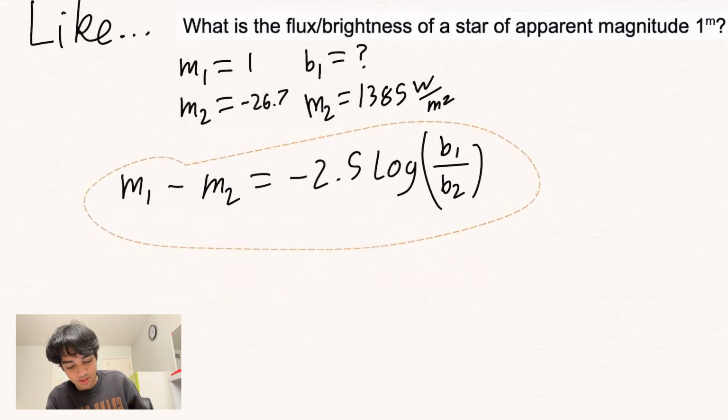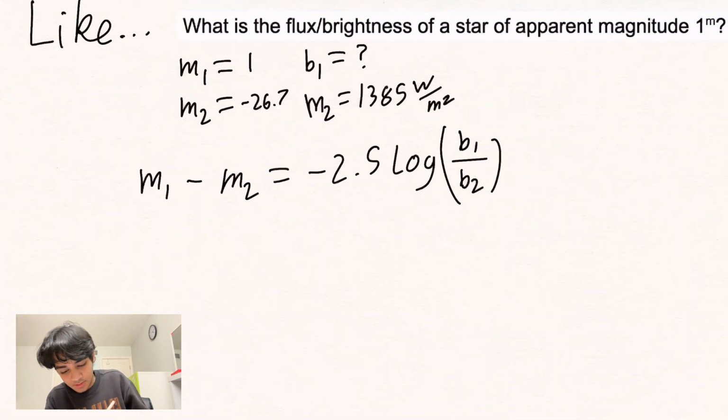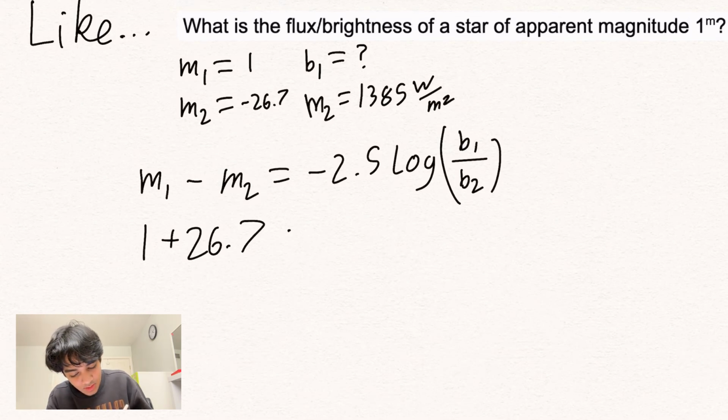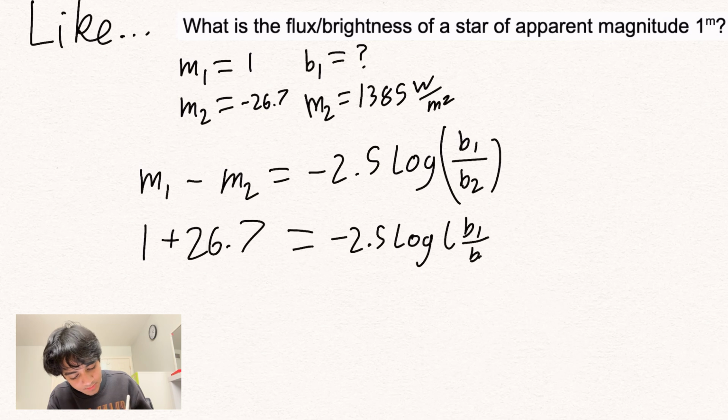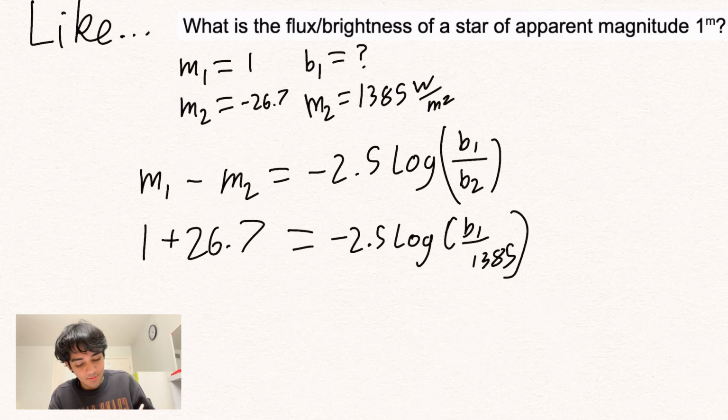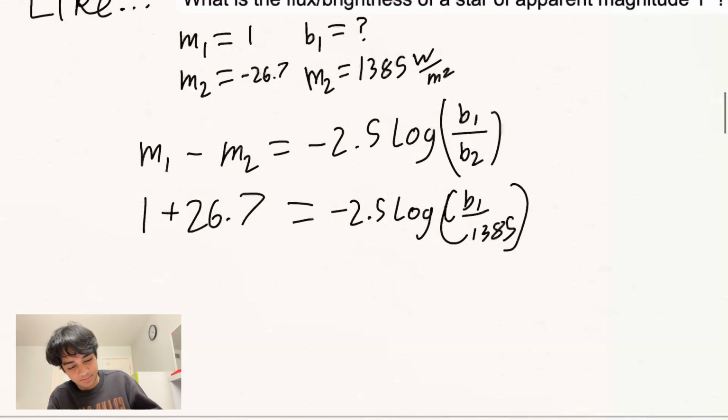Now let's start plugging into the formula. We'll have 1 minus negative 26.7, which gives plus 26.7, equals negative 2.5 log B1 over B2. Now I can plug in B2, 1385. Now we want to isolate for B1, so let's do that.